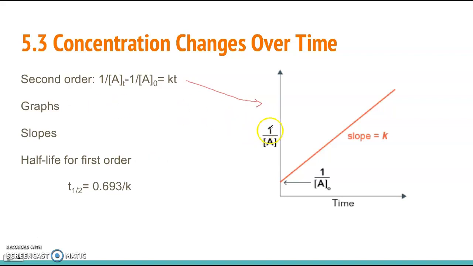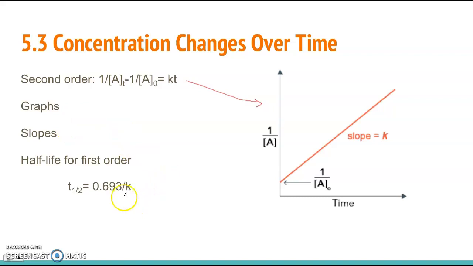So you want to know what type of graph gives you a straight line for each order of equation. You also want to know what the slope means. So for example here, the slope of a second order graph will give you the rate constant K. So that's the type of questions that you'll see with that.